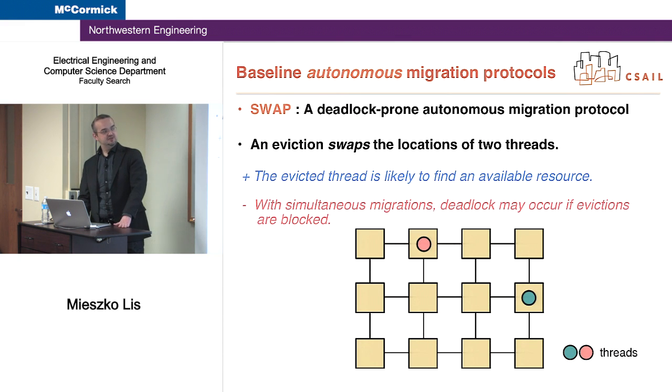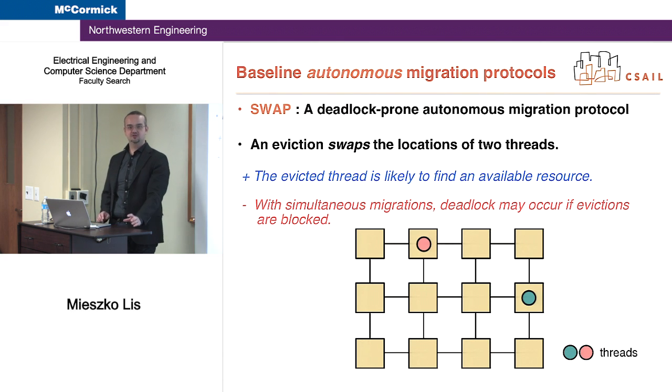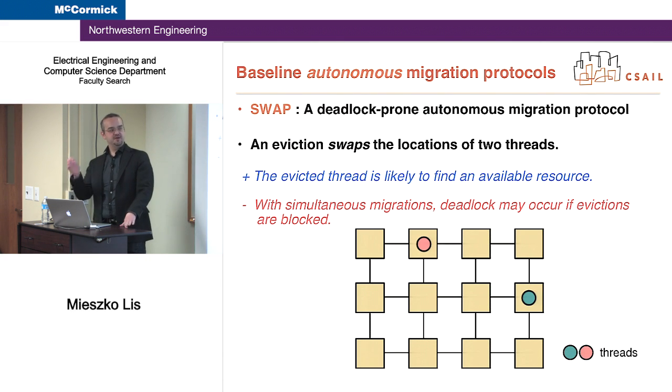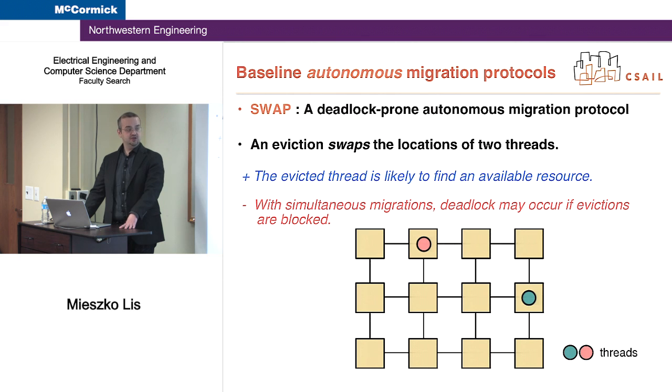The advantage of this is that the thread you just kicked out is likely to find a resource because you just left a core empty, effectively, or at least a slot available at a core. And if it goes back there, then it's likely that that slot is still unoccupied.